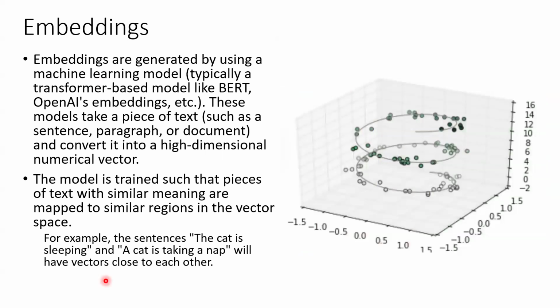Just like large language models, there are some special models which are called embedding models. These embedding models are trained in such a way that if you give a certain text to it, it will create its mathematical representation. For example, if I give it a word, let's say it's 3 dimensions, X, Y, and Z. Once you pass a piece of text, this embedding model will return a vector.